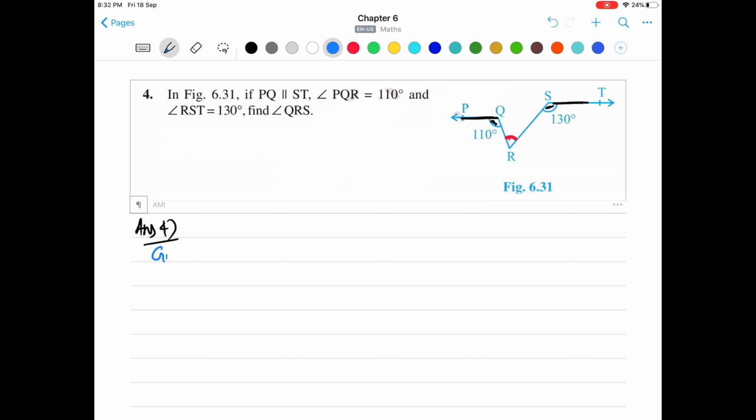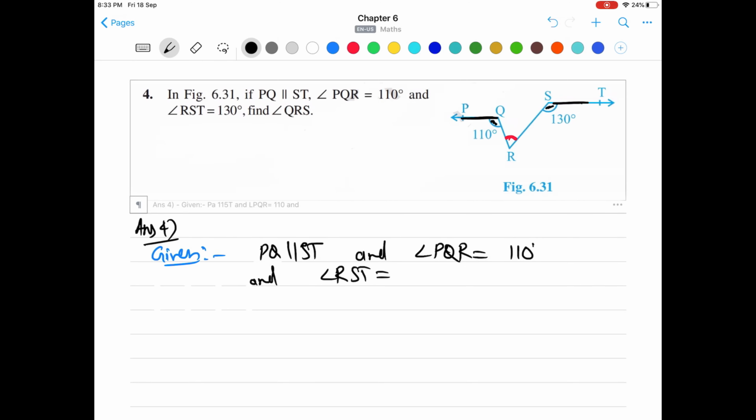First we'll write the given here: PQ is parallel to ST and angle PQR is equal to 110 and angle RST is equal to 130 degree.